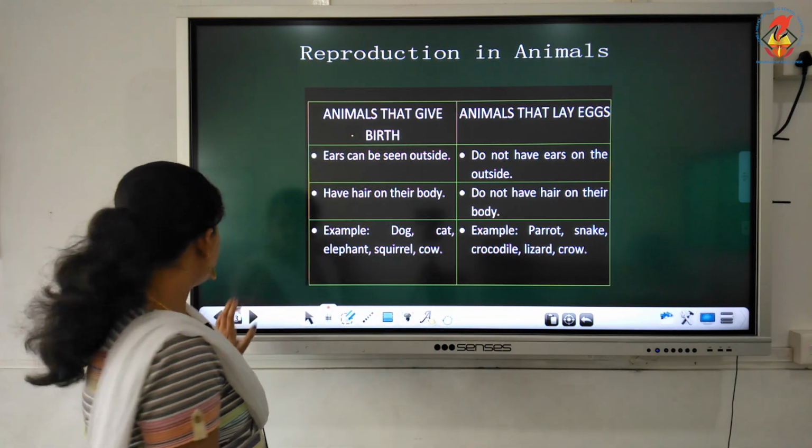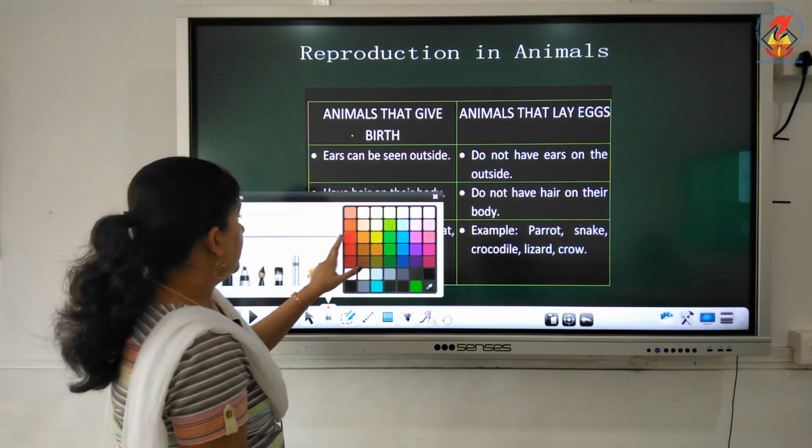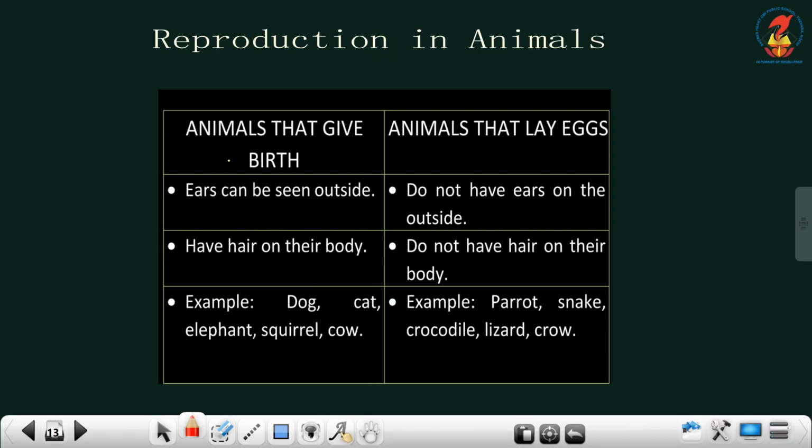Animals that give birth, we can also call viviparous animals.